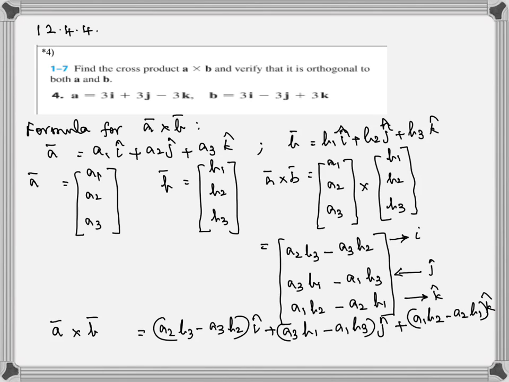So this is the formula that we are going to use. This is A1, A2, A3, and this is B1, B2, B3. We are going to do A cross B for the given vectors A and B using the formula we just discussed. B is 3i minus 3j plus 3k.